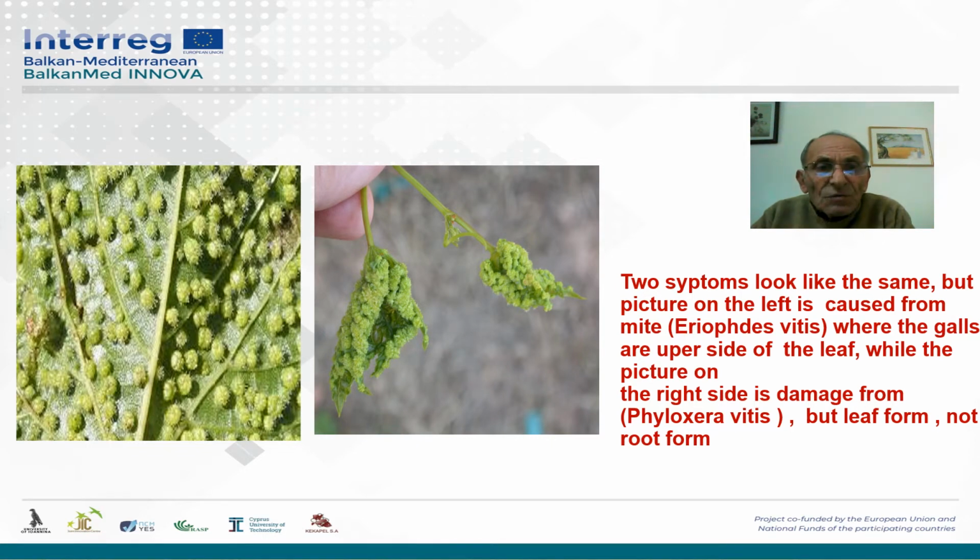We see here two symptoms. These symptoms look the same, but the picture on the left is caused by the mite Eriophyes vitis, where the galls are on the upper side of the leaves, while the picture on the right shows damage from Phylloxera vitis, leaf form, because Phylloxera, as we know, has two forms, the root form and the leaf form.